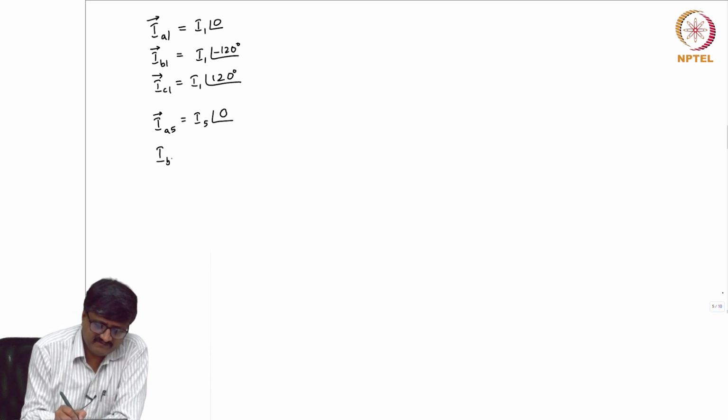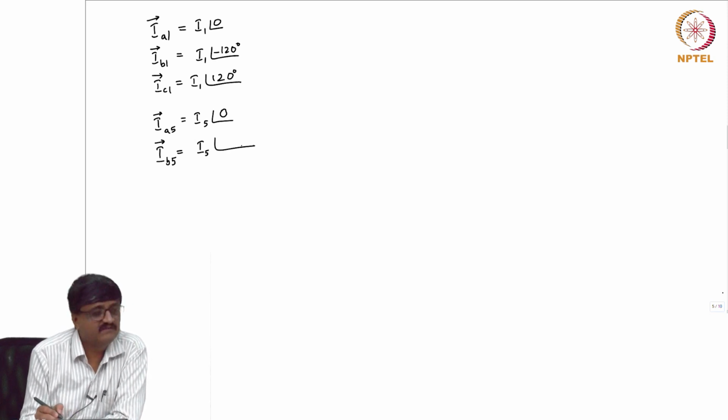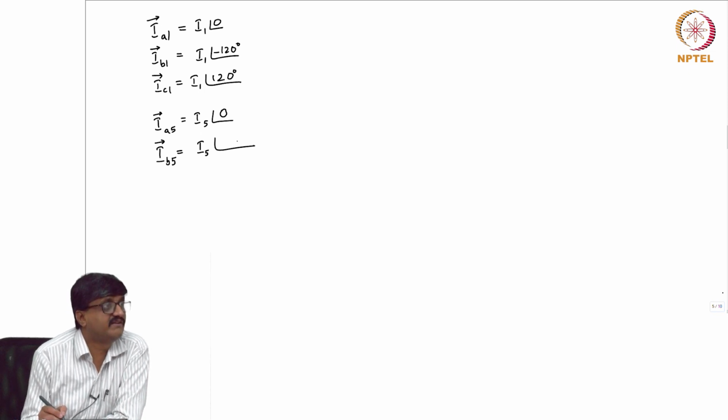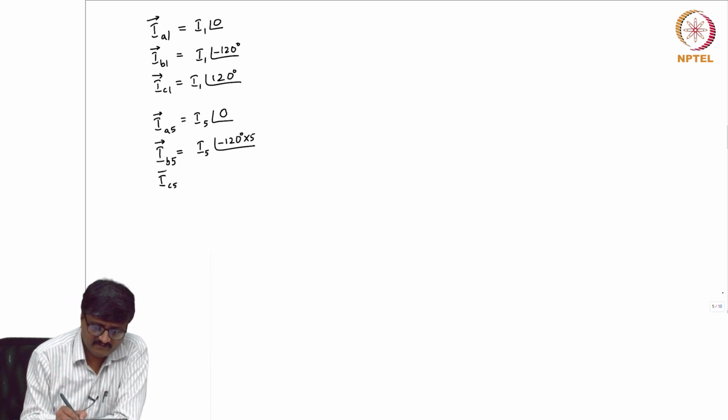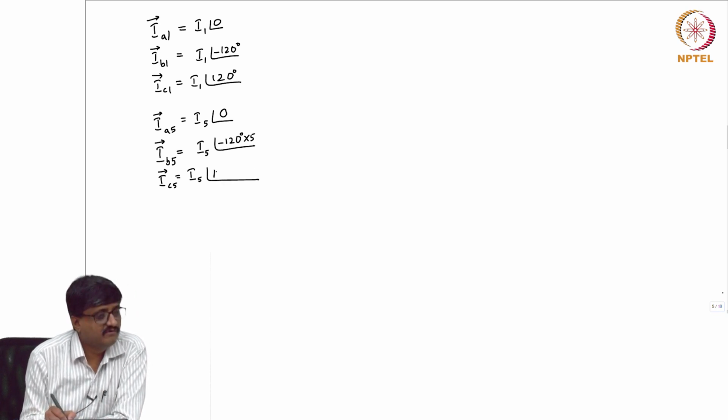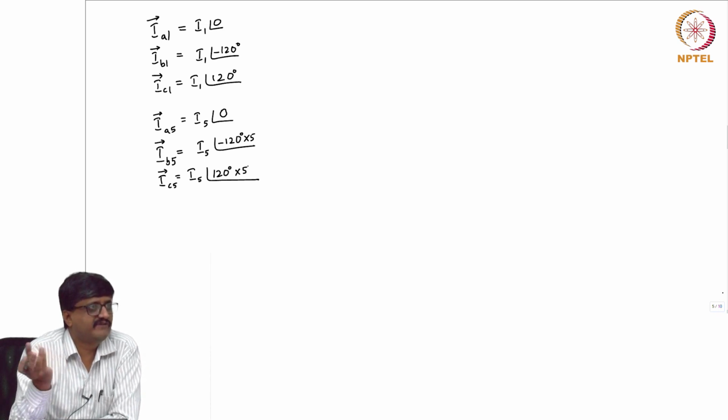For B phase, IB5 has the same magnitude I5. What about the phase angle? It is minus 120 degrees into 5. Then IC5 is again I5, phase angle 120 degrees into 5. So I take the fundamental angle into 5.